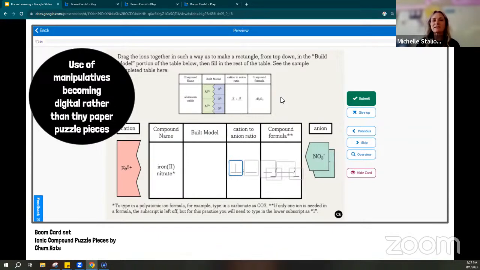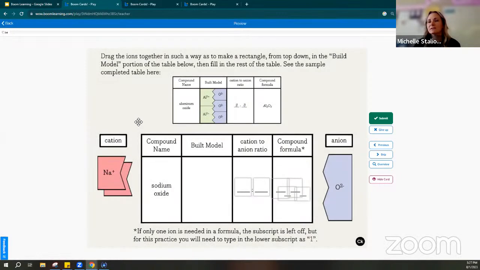It was just not exactly the most efficient learning lesson. And so I happened to come across that Kim Kate has a set of the same lesson using Boom cards. So that takes that paper manipulative with all the cutting and all the storage, which I love. Sometimes manipulatives are great, but sometimes making it digital is just the exact answer you need.